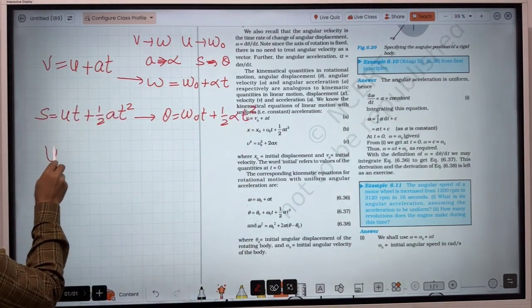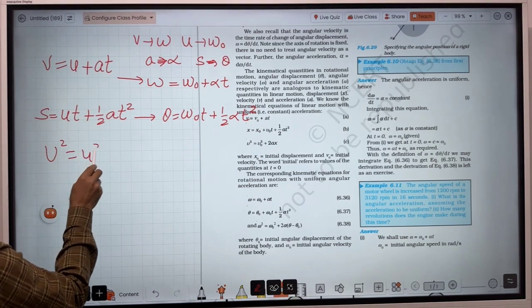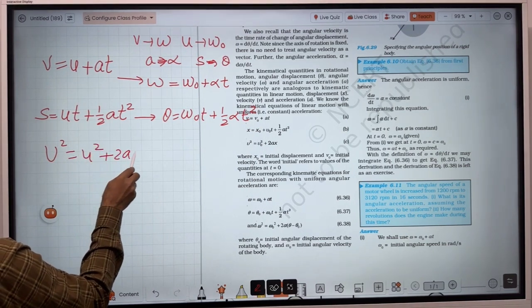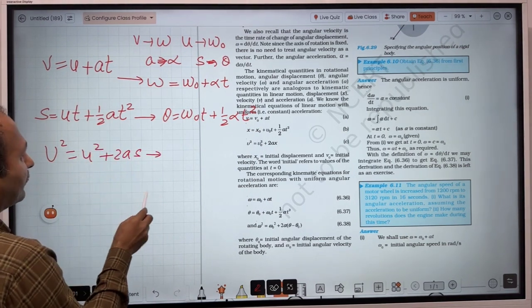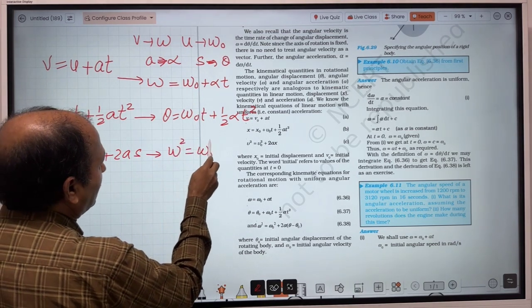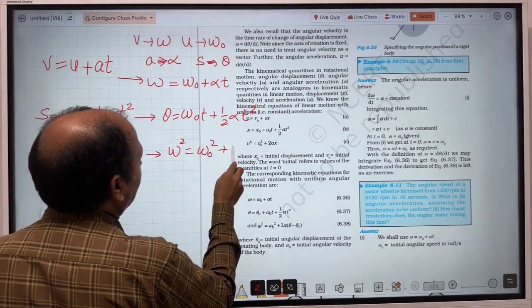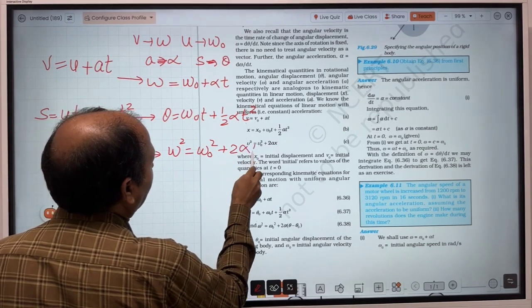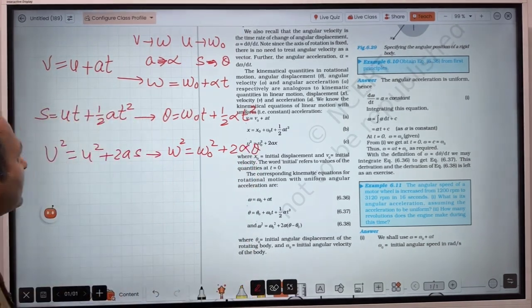Similarly, v square equal to u square plus 2as will look like omega square equal to omega 0 square plus 2 alpha theta. So these are basic equations and it is very easy to memorize them.